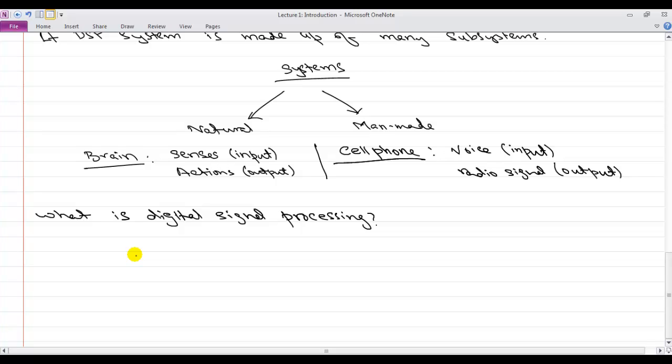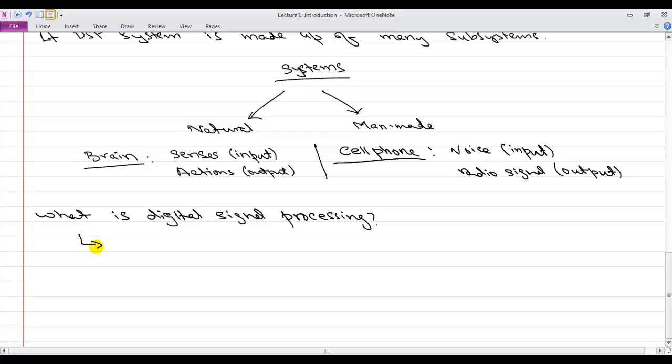If you have a system which does processing, but it uses analog components, what do we mean by analog components? Resistors, capacitors, inductors. Signal processing systems used to be built that way. So that will be analog signal processing.